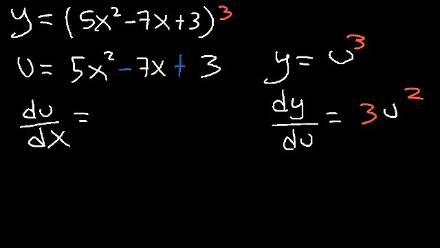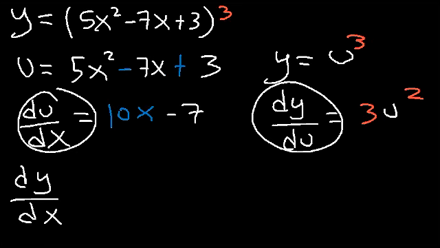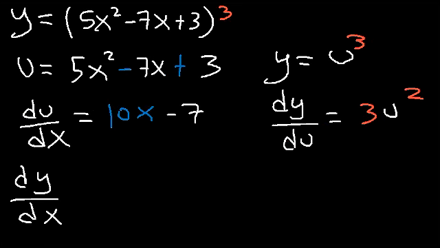The derivative of 5x squared is 10x, and the derivative of negative 7x is negative 7, and the derivative of 3 is going to be 0. So dy/dx, which is what we're looking for, is going to be dy/du times du/dx, where the du cancel and we're going to get dy/dx.